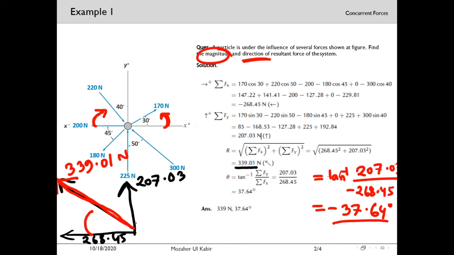Here is our resultant one. So the angle is 37.64 degree. So this was all for example 1, where we have calculated the magnitude and direction of the resultant force.